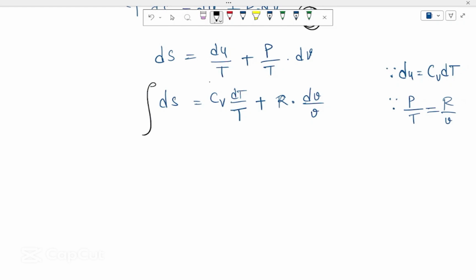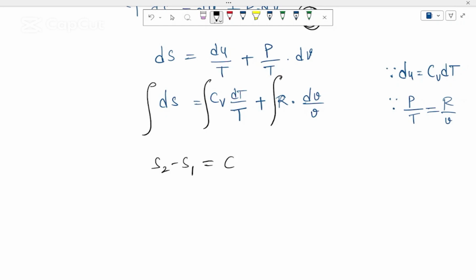If I apply integration on both sides, between two states, I get S2 minus S1 on the left, and the integral of 1 by T dT is nothing but log T. So log of the higher limit minus log of the lower limit, and log a minus log b is log a by b.